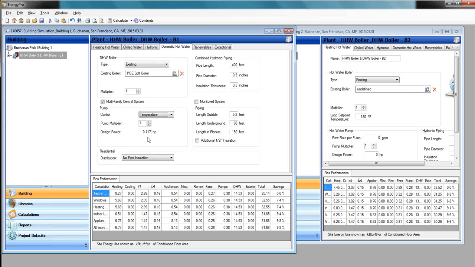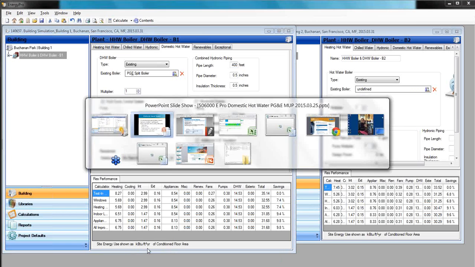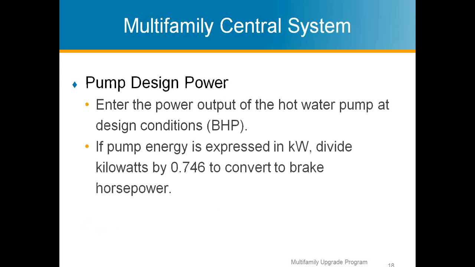That is the equation, and that is in the slides here, which I can show you if you want to write that number down. If your pump energy is expressed in kilowatts, divide that by 0.746 to convert it into brake horsepower. Brake horsepower is what that pump's really going to be running at when in operation. If you put in rated horsepower, you're overestimating your pump energy.